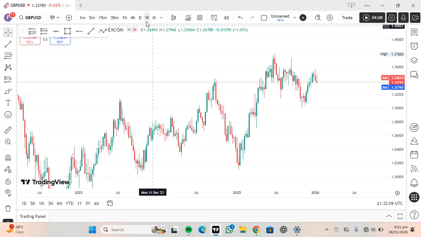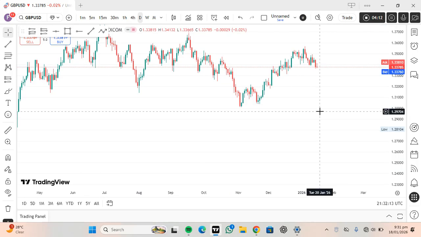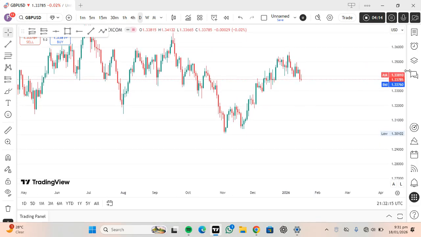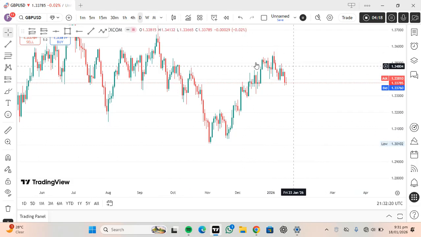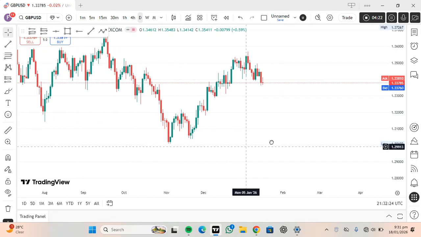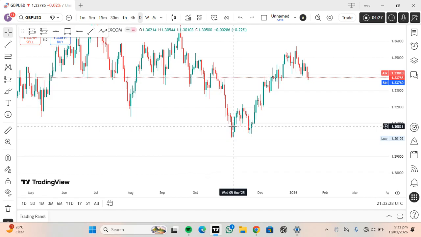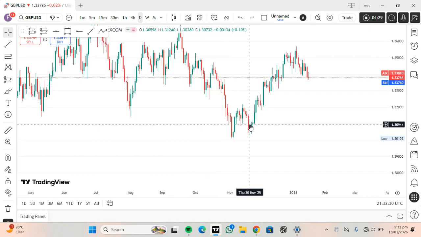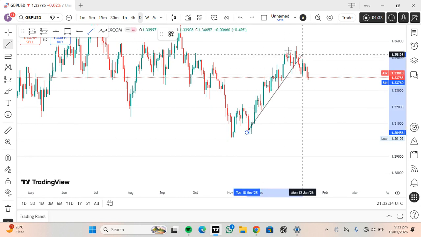So let's now move to the daily time frame. Bam. So here is the daily time frame. As you can see, GBP has been bullish for the past, let me see, what's the date? 25th November. From 25th November, from this point to this point, it was bullish.